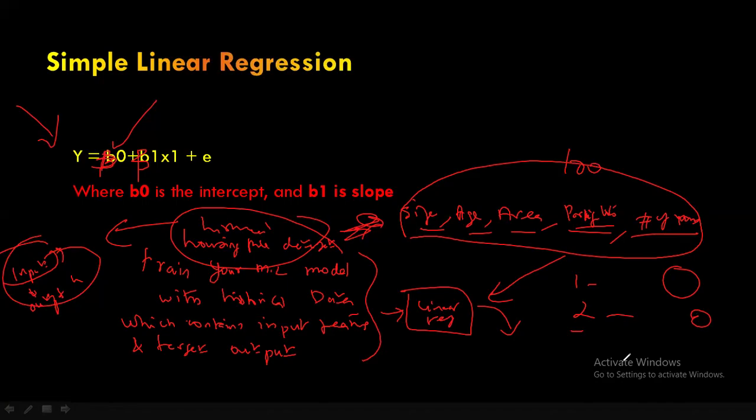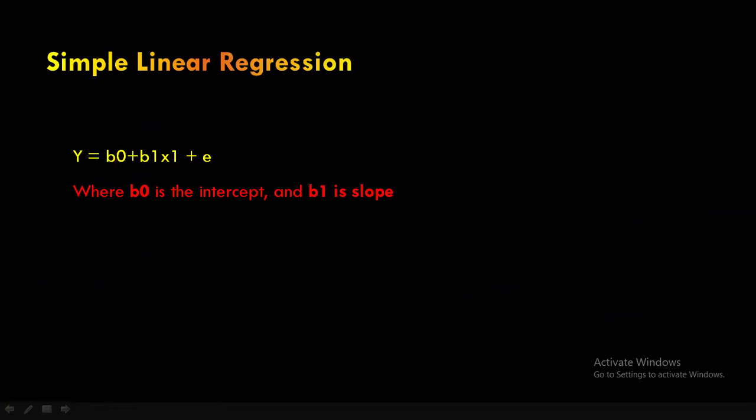That is what a machine learning model does; we already learned about this. In this case, to make it very simple, let's say Y is your housing price, and Y equals beta naught plus beta 1 x1, and let's forget about the error.